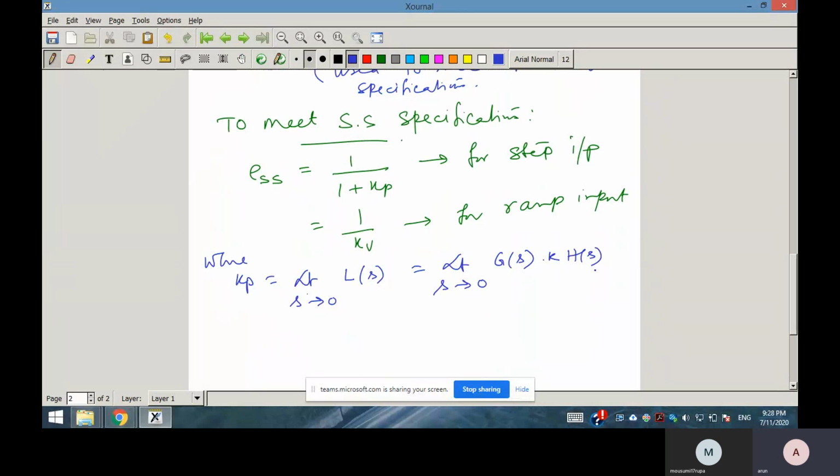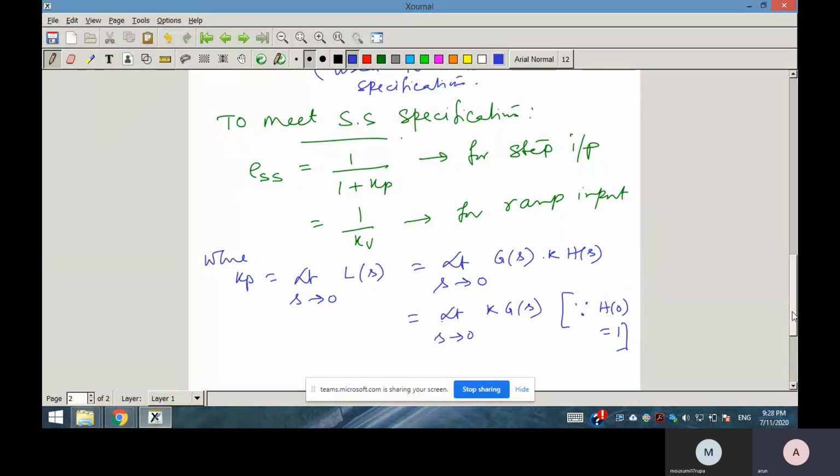Now you can see limit s tends to 0, H0 is equal to 1, so that means limit s tends to 0 of K into GS. Since H0 equal to 1, it is a normalized transfer function.